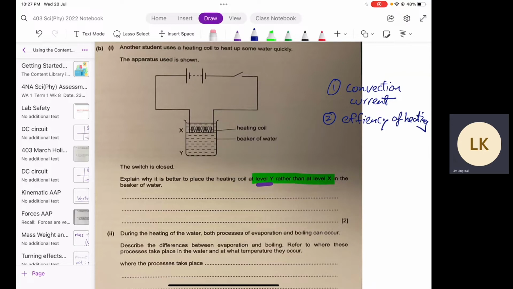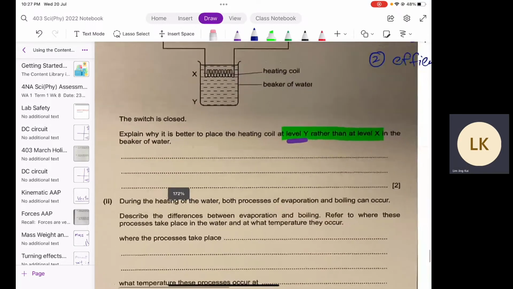This is to answer why it is better to place the heating coil at level Y rather than at level X. So I shall start the answer.